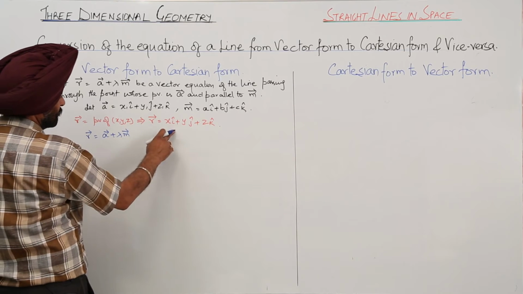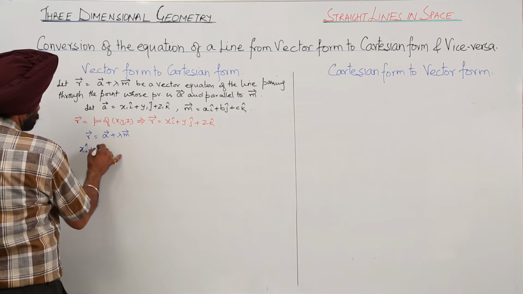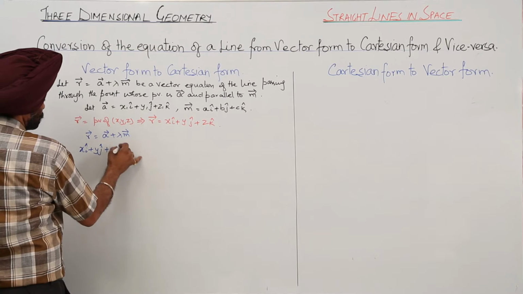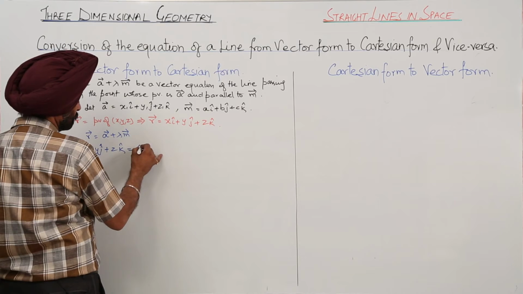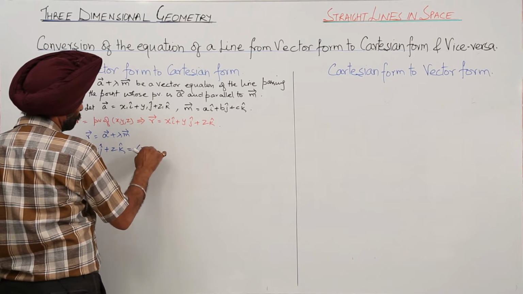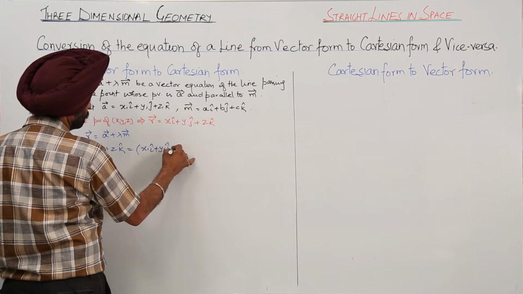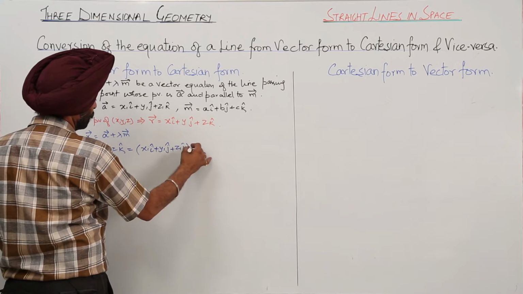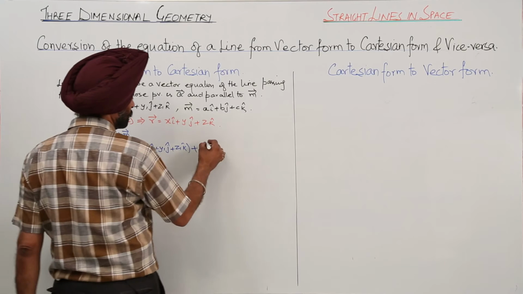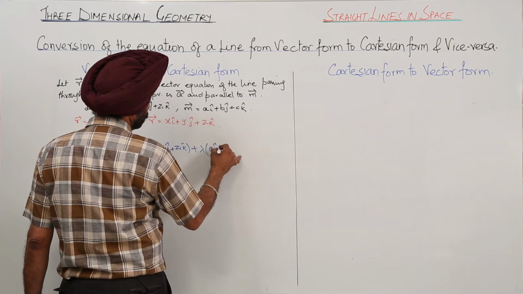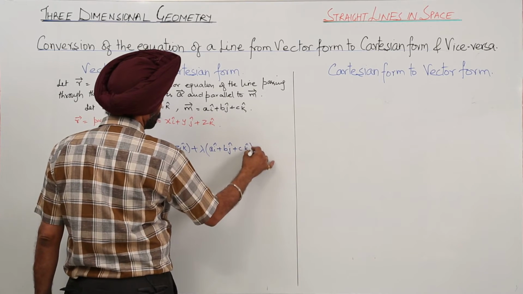Vector r is x i cap plus y j cap plus z k cap, equal to vector a, which is x1 i cap plus y1 j cap plus z1 k cap, plus lambda with vector m, which is a i cap plus b j cap plus c k cap.